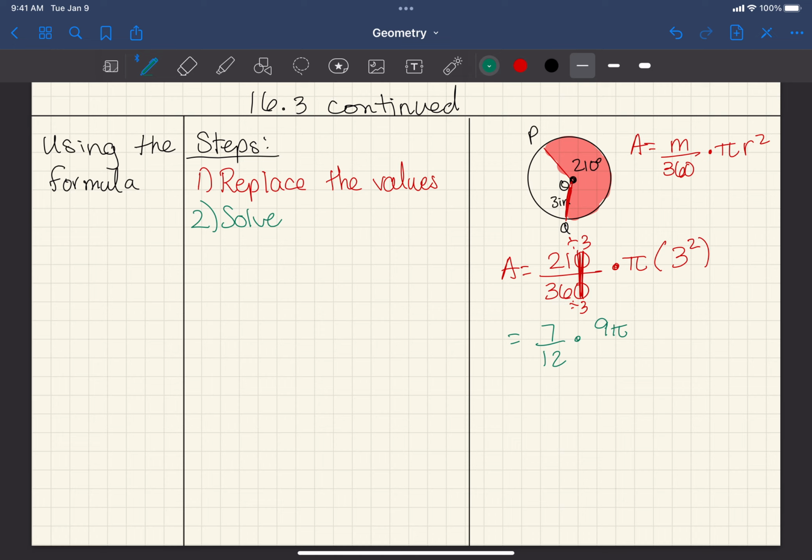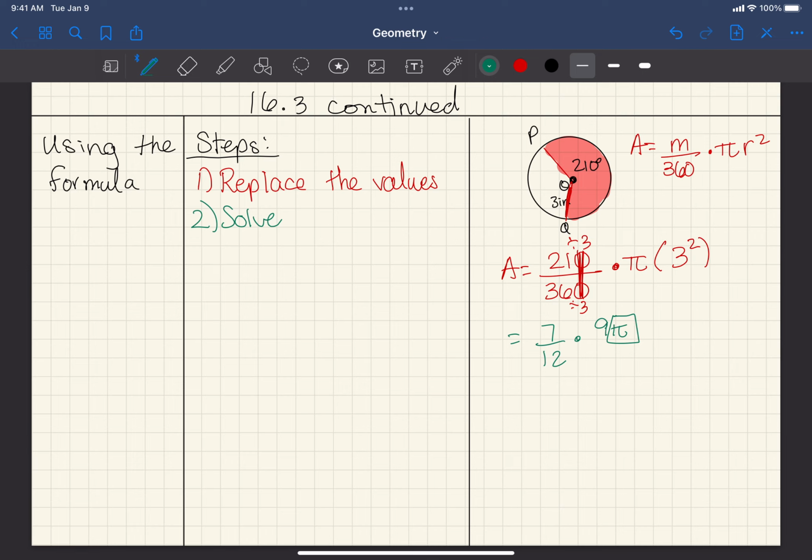Pi is something I can push off to the side, and because a lot of the questions say round to the nearest tenth or round to the nearest hundredth, it's very common to leave pi until the end because it is an irrational number. It continues forever. So you don't want to just round pi unless they tell you to use 3.14.